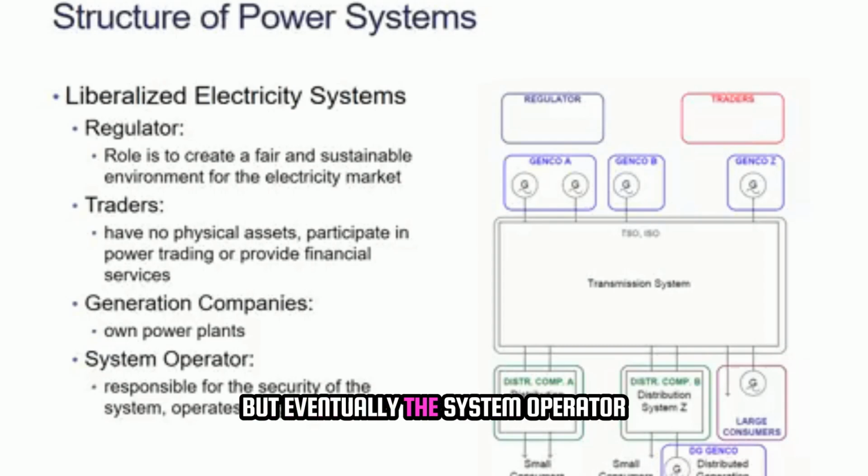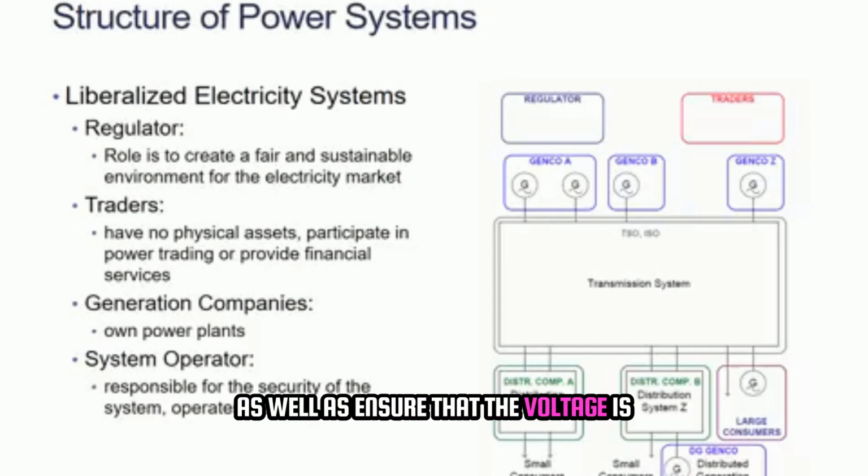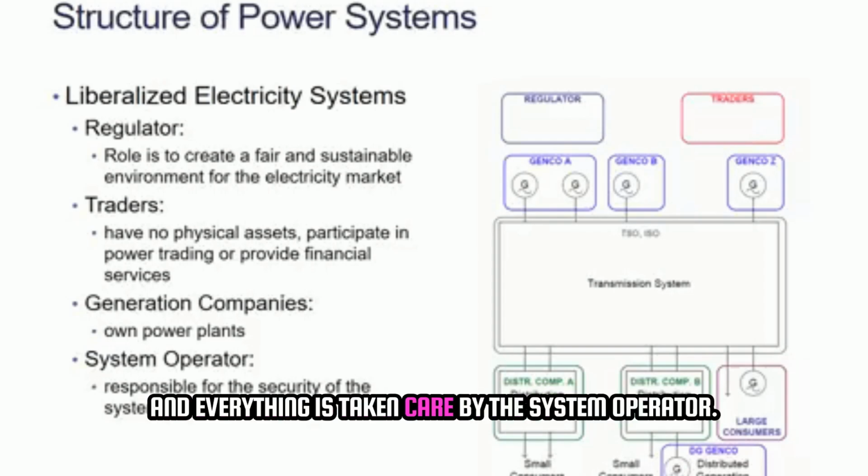But eventually the system operator role is always the same. Either if it is TSO or ISO, it always operates the power systems to ensure the balance between generation and demand, as well as ensure that the voltages and frequency are set at a nominal value. And also security and everything is taken care of by the system operator.